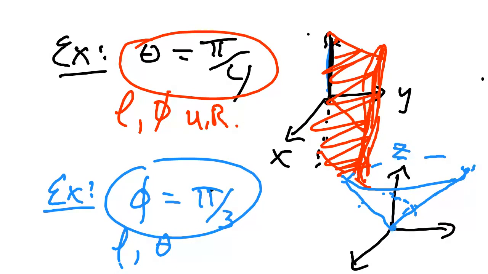Okay, and what happens if phi happens to be bigger than pi over 2? Let's say, what if phi equaled 2 pi over 3? Well, then I'm down past 90 degrees, so my phi would go down.